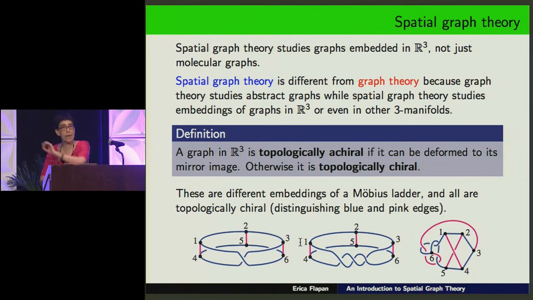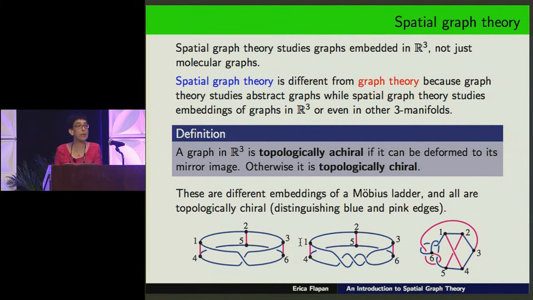What vertices are connected to what? Whereas spatial graph theory is all about how the graph is embedded in space, or even in some other space, some other three-manifold.